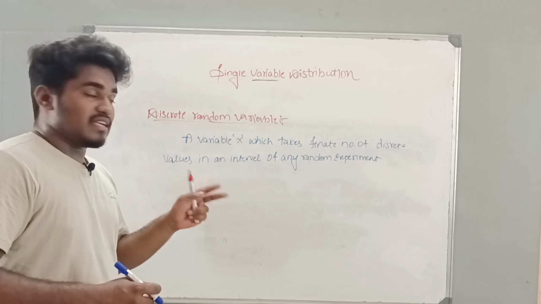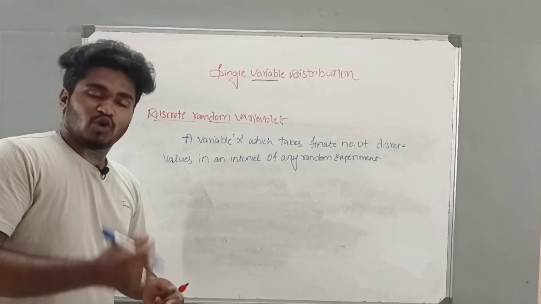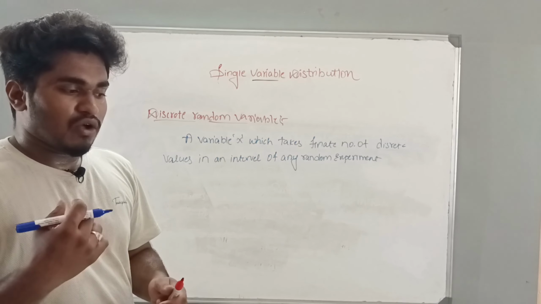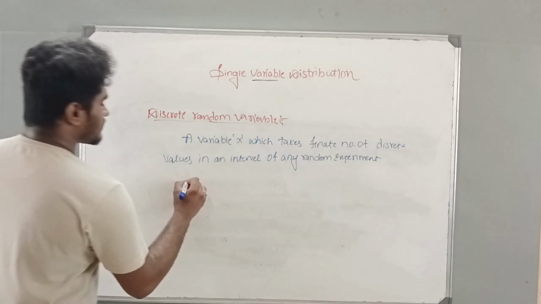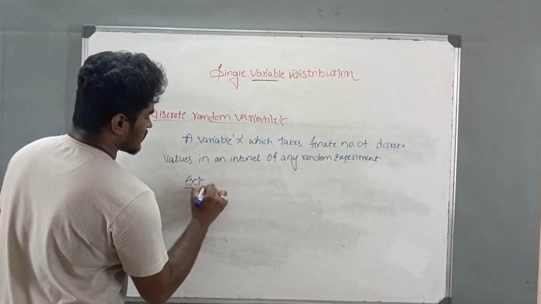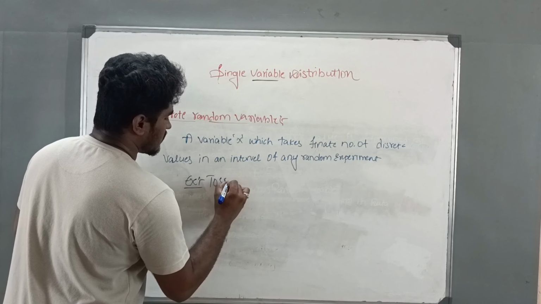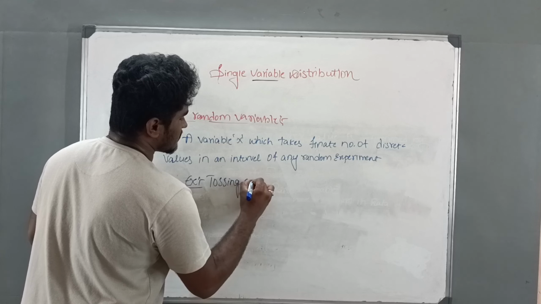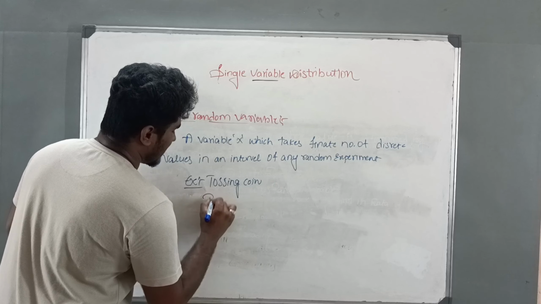Examples of discrete random variables are tossing a coin and rolling a dice.